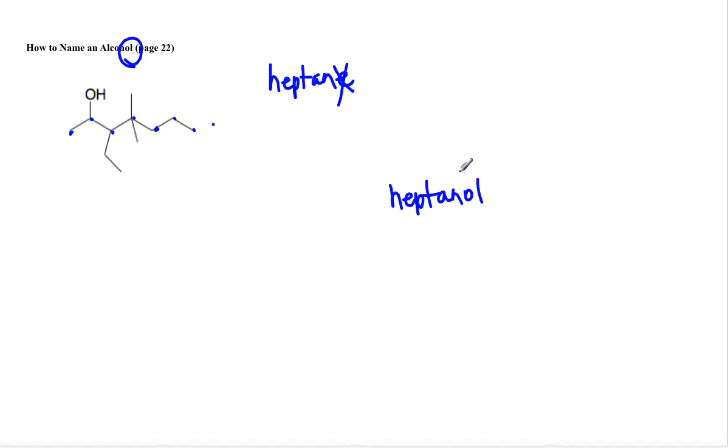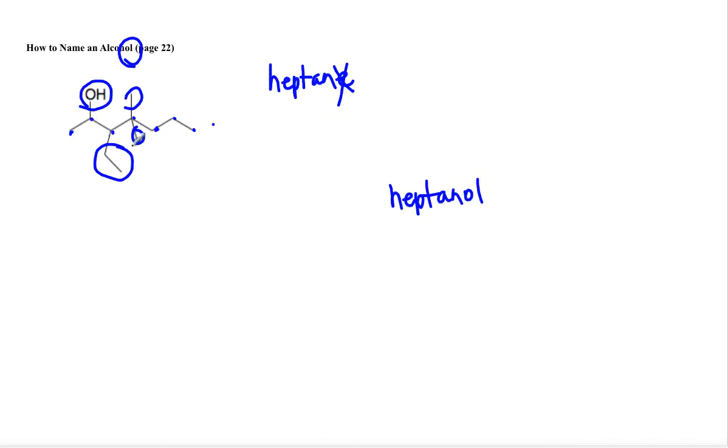So we take the alkane name, drop the E, and finish with OL. Now we need to tell people where the OH is, and then we also need to identify the substituents and their locations. And the key with anything that has a functional group is that the functional group gets priority or gets the lowest possible number.